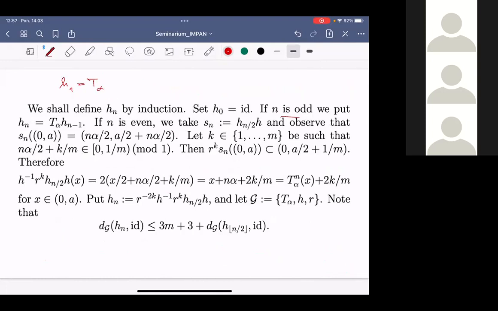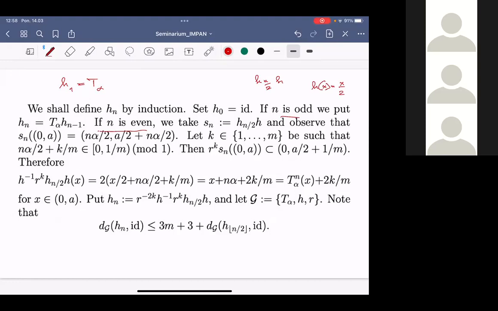Now, if n is even, we may define the following homeomorphism, namely the composition of h inverse, H n over 2, and h. And observe how this homeomorphism behaves on the interval from 0 to a. Well, h of x, we remember, is x over 2.